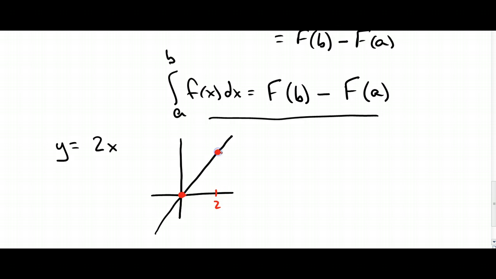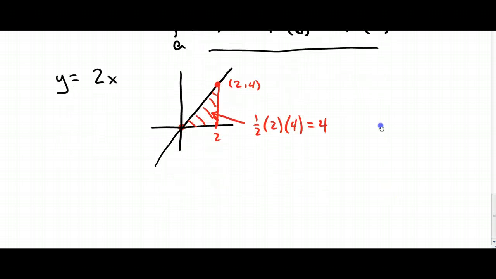And so I know that that's going to be the coordinate 2, 4. And let's find out what is the area of this region. Now we know what the answer should be. We know that because that's a triangle, this area is going to be 1/2 times the base times the height. So we should get an answer of 4.